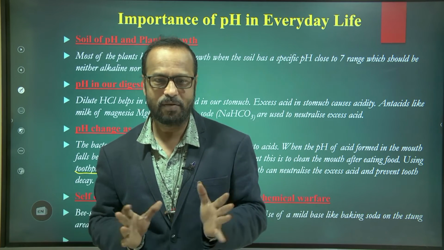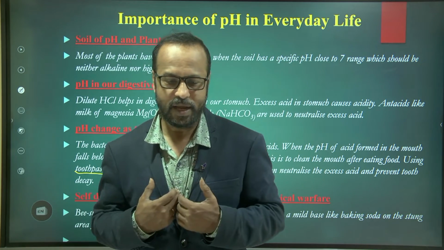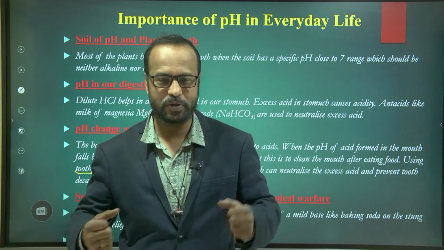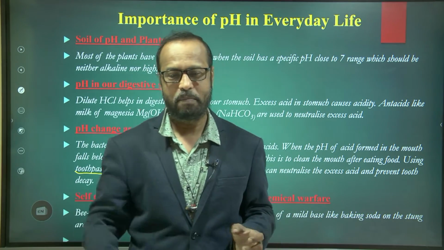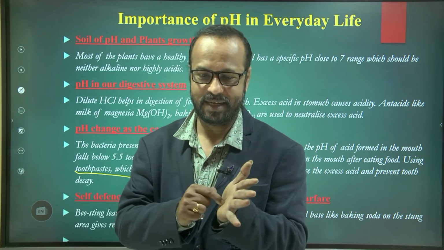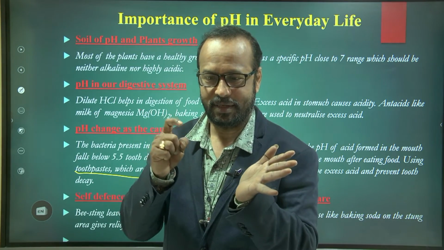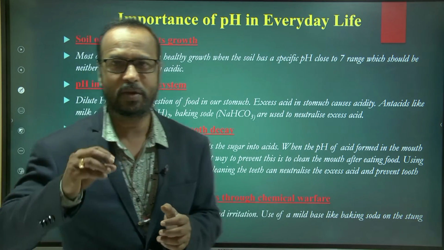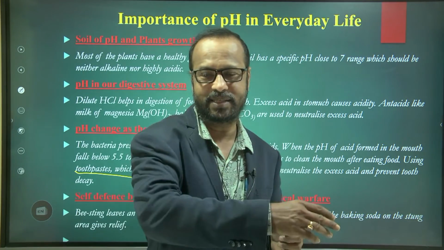So they will attack. When we attack, we use some stick or something to protect ourselves or to attack someone. But what do they do? They sting us. They have stingers. When they sting, they release some acid in our body.